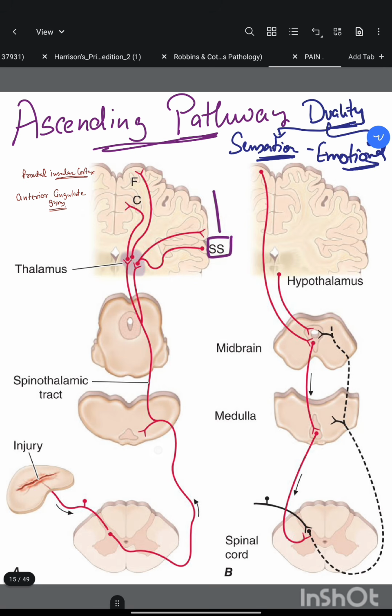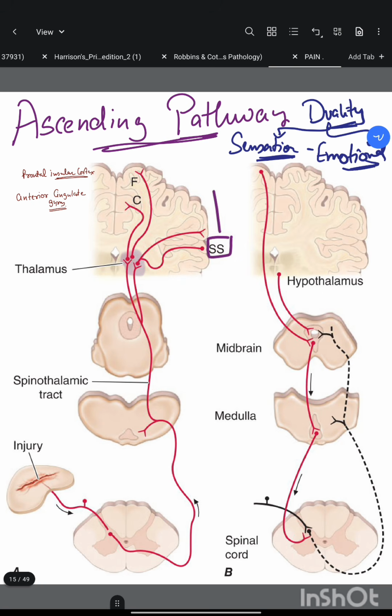The patient will have contralateral loss of pain and temperature. The patient will not have pain and temperature sensation on the contralateral side of the body, right arm and right leg. There will be complete loss of pain and temperature if this is cut off. So that is one thing.